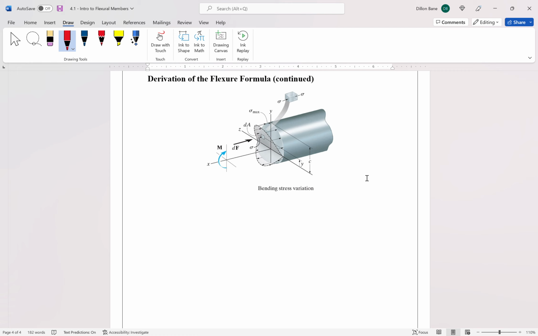So let's take our first step here, and let's sum forces in the x direction. X direction is the longitudinal axis of the beam.